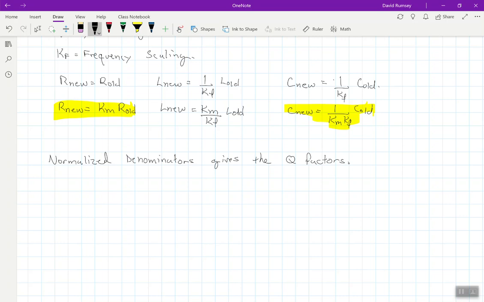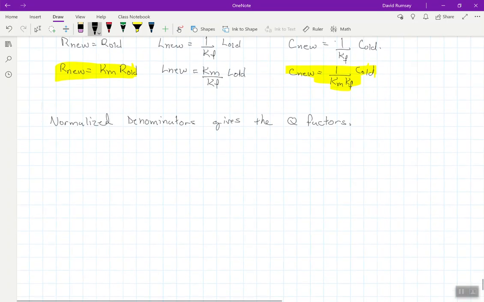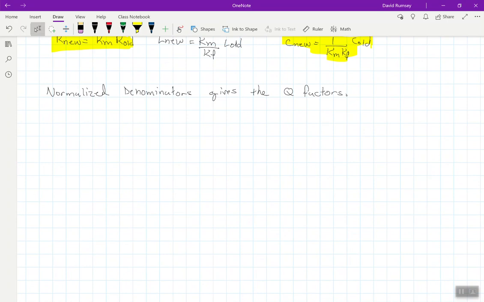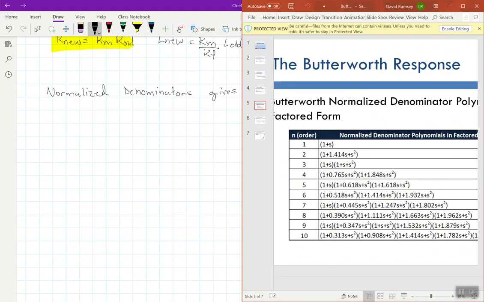Okay, so if we're looking here, just lost my place in my notes, sorry. We should really know how these things are doing. So these Butterworth filters, as I said, give us these Q factors, and basically, let me go back to the PowerPoint. The numbers in front of s are the Q factors that we are going to want to use.